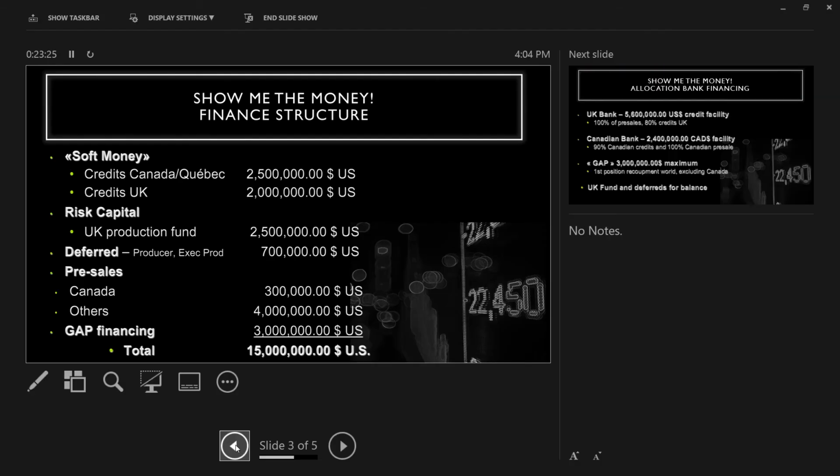So in this situation, what will the gap financier want? The gap financier will want a sales agent who comes on board, okay, and says, I'm going to give you sales projections of $6 million for the rest of this film. So if you look at reality, we've sold $4.3 million of the film. $6 million means that there's $10 million.